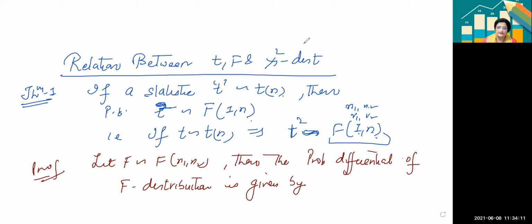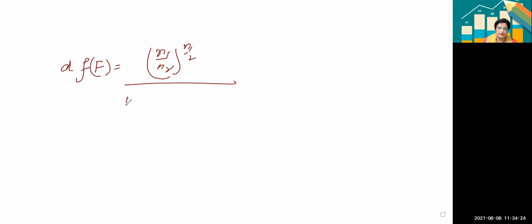So I'm coming to the next screen. This is equal to, you can write the differential like that. We took n1 by n2, or nu1 by nu2, raised to power n1 by 2. Now we have taken the parameters n1, n2, so we will write accordingly.